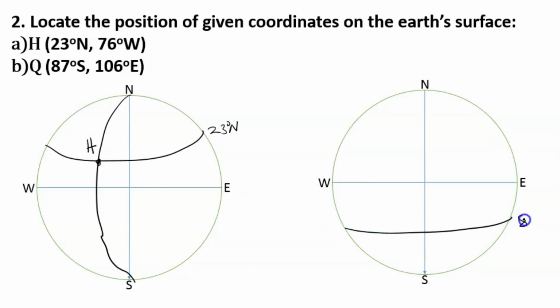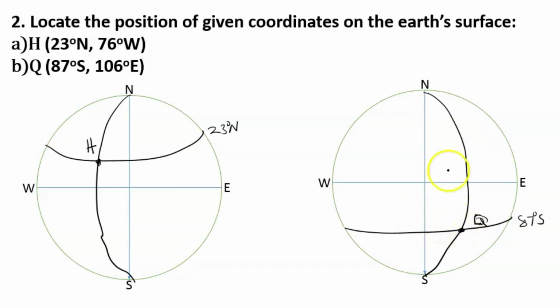This is 87 degrees south. All right, and 106 degrees east. So from here you also go down to this, and this point of intersection is our point Q.